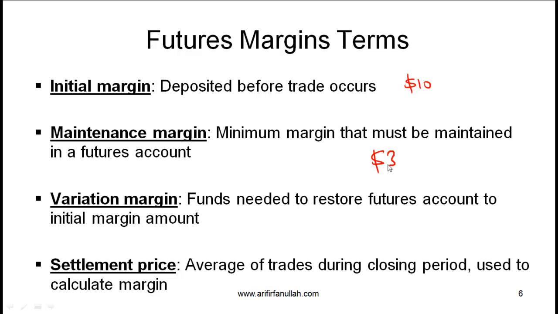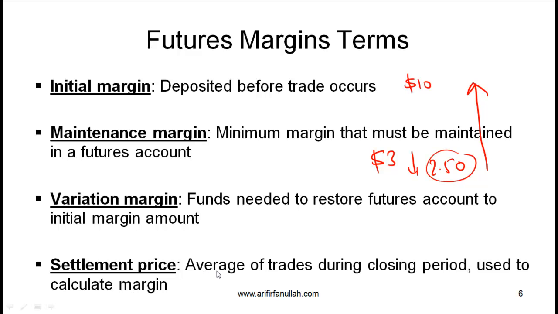Maintenance margin might be $3, which means that if your account balance comes down to $3 because of losses, so let's say it comes below the maintenance margin, then you need to add money to your account so you come back up to the $10 level. Variation margin is the funds that need to be added to restore the futures account to the initial margin. So the money that we need to add to come back to the initial margin, that's the variation margin.